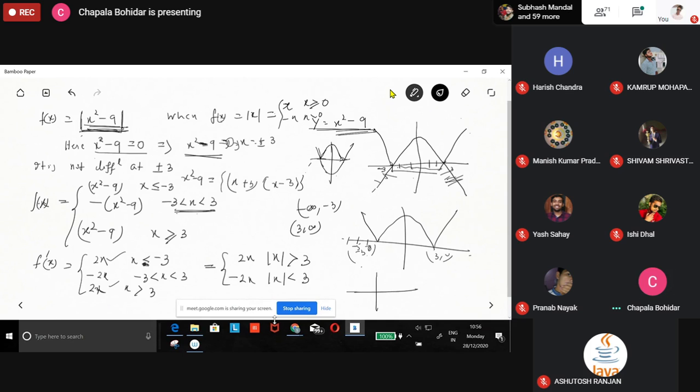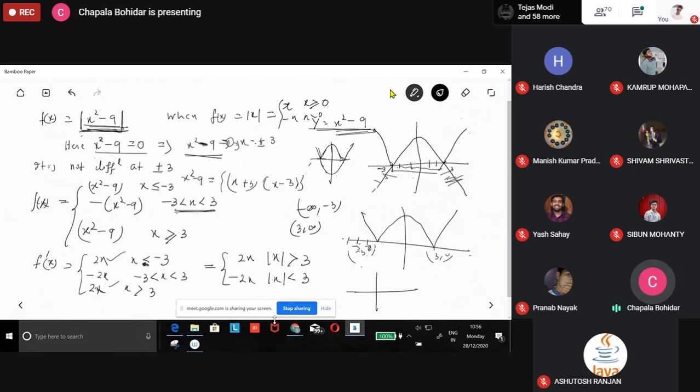For 2x, where x is less than minus 3, putting the value minus 3, what am I getting? It is minus 6.